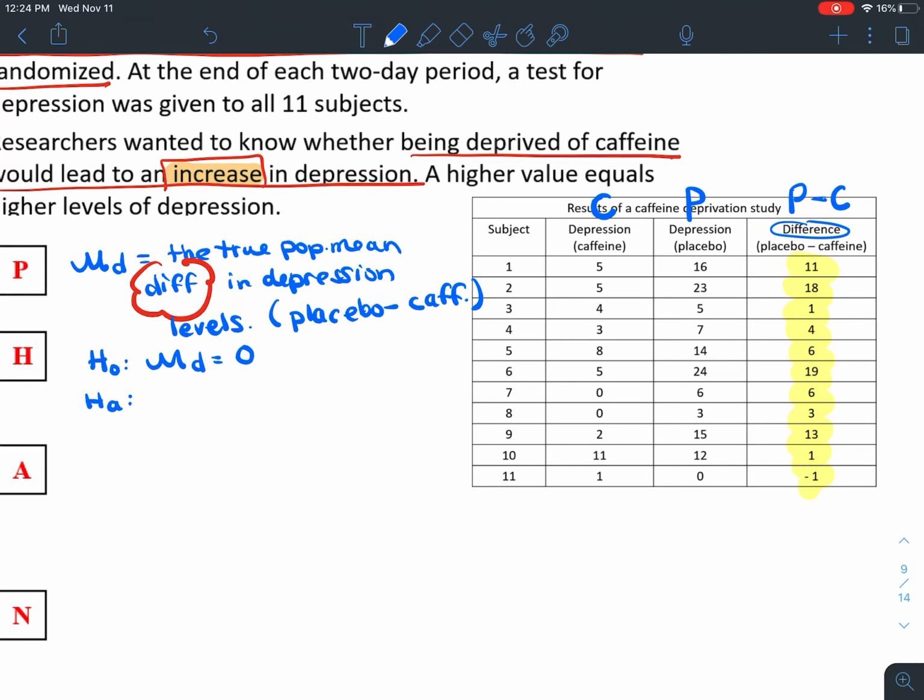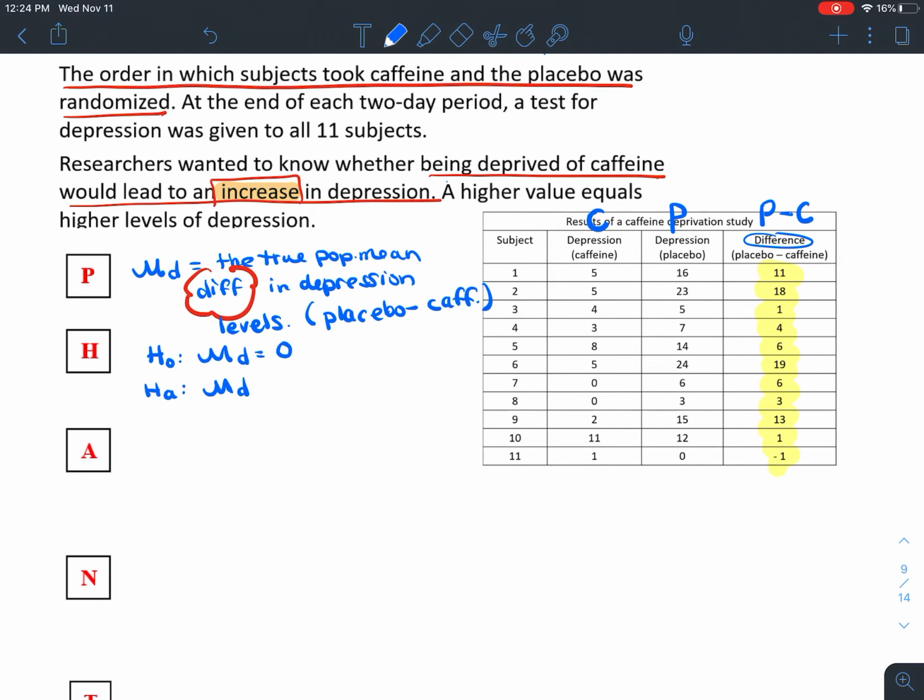Now, here's where we have to be careful. Keep in mind, it said here, those who were deprived of caffeine, would that lead to an increase in depression? Well, let's look at these numbers over here. If you're deprived of the caffeine, then we're looking at placebo minus caffeine.